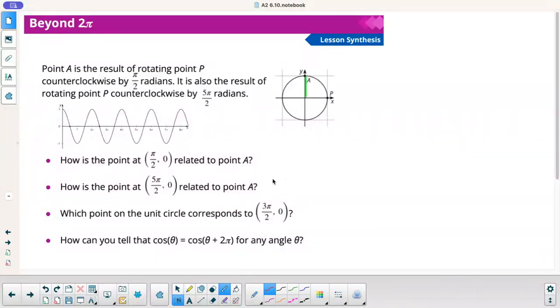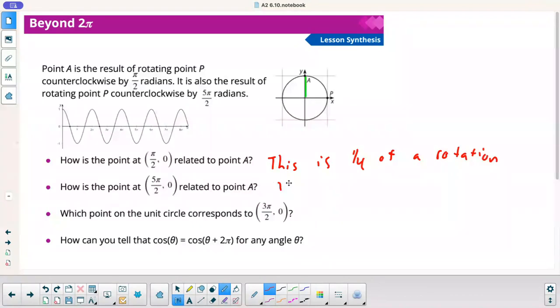I would say this is 1/4 of a rotation, a full rotation of the circle. We only went 1/4 of the circle.